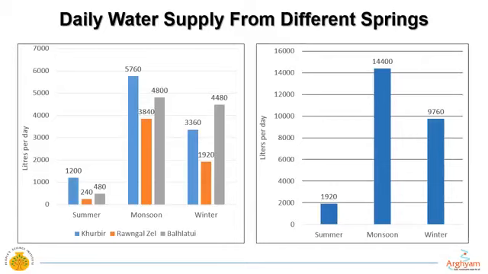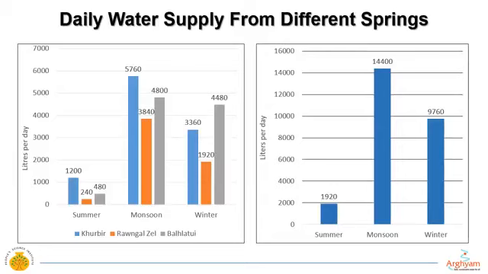The water supply from different sources across different seasons can be graphically represented as shown here. The graph on the left-hand side shows the daily water availability from the three different springs of Chamling village separately during the three different seasons of summer, monsoon, and winter. It is clear from the graph that the water supply from all the springs is maximum during monsoon season as expected.